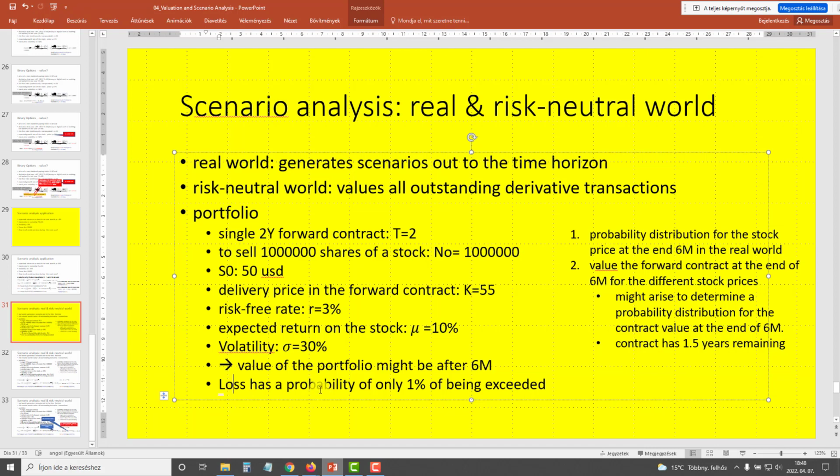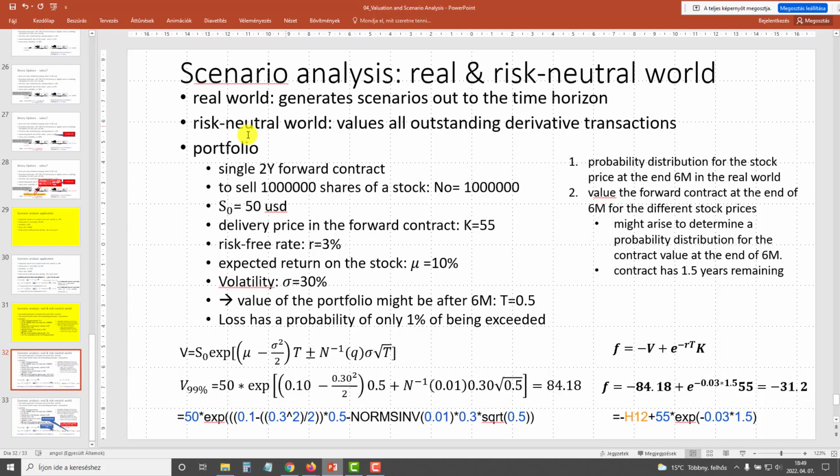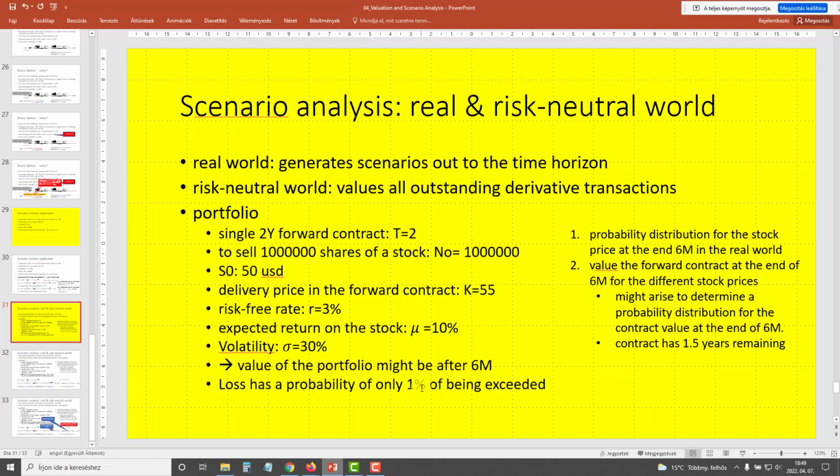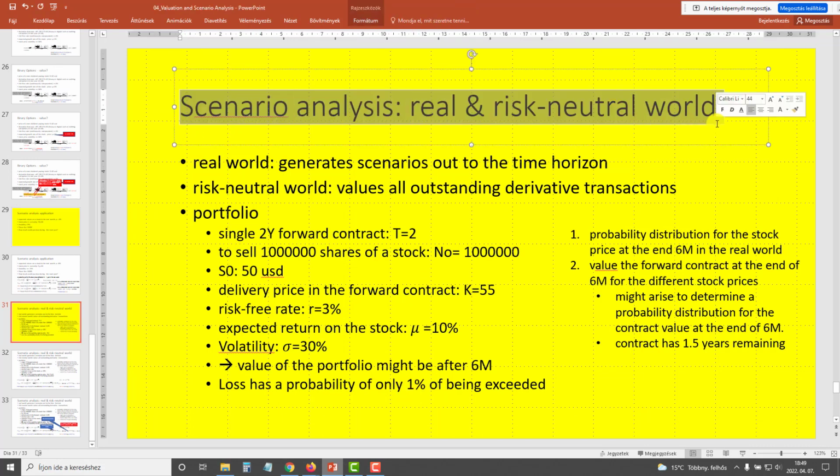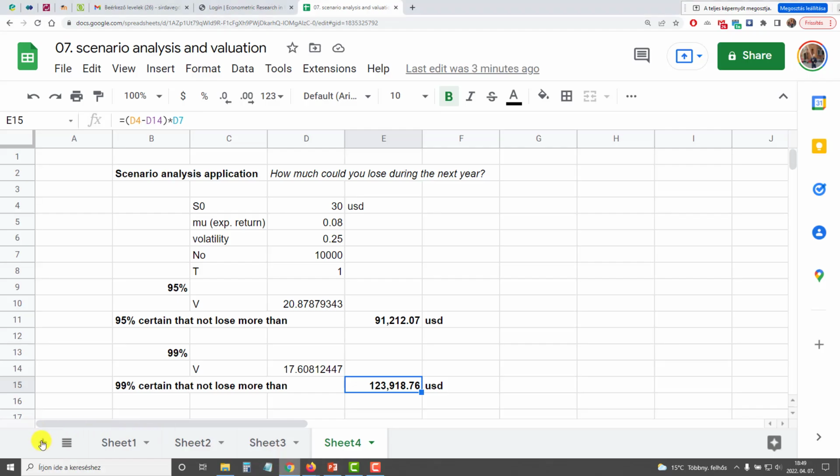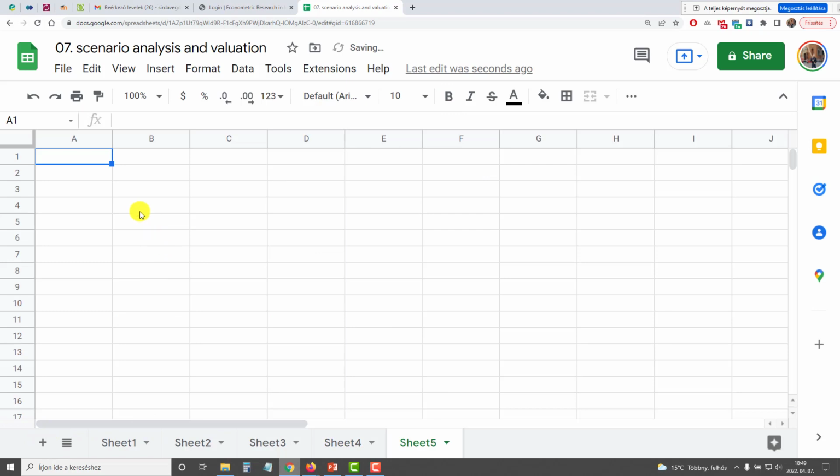And also loss has a probability of only 1% of being exceeded, so we have to combine this also into the equation. So let's see what is happening here. Let's write up the numbers first, and then we can start to analyze this. Let's open a new sheet.